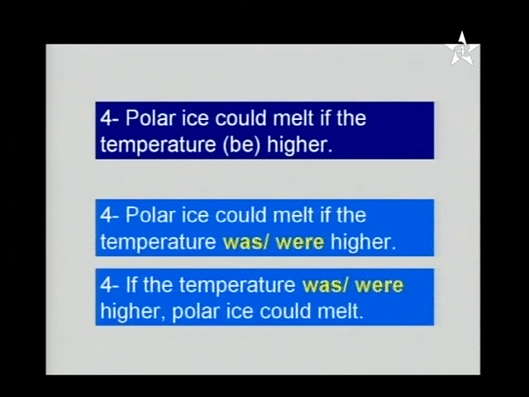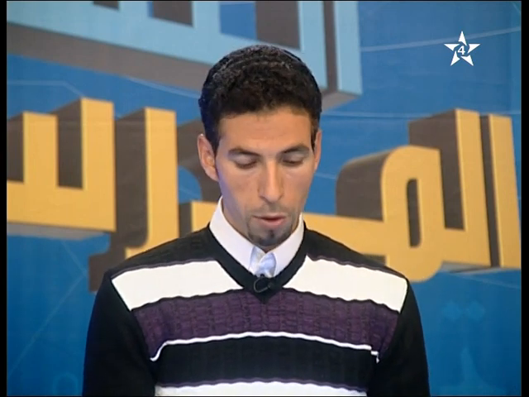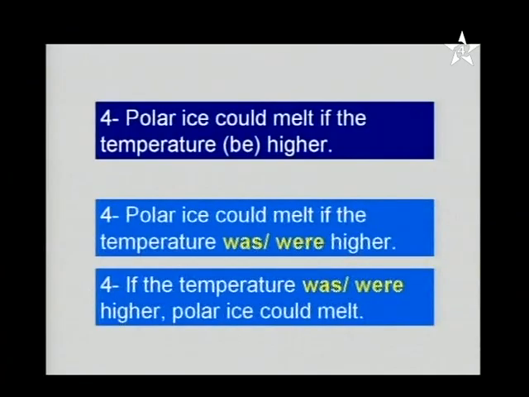And second form, if the temperature was or were higher, polar ice could melt. Of course only one of them is to be written, but we just want to shed light on the possibility of both of them.